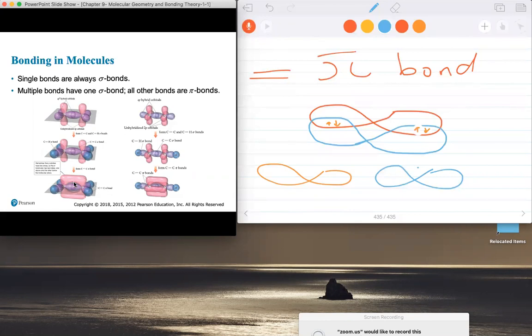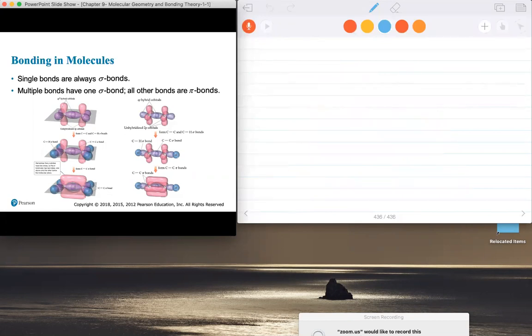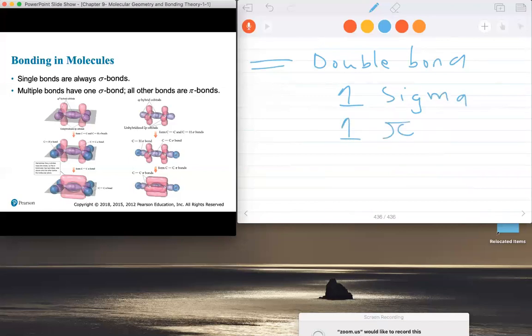So what you need to take home from this slide is that a double bond consists of 1 sigma bond and 1 pi bond.